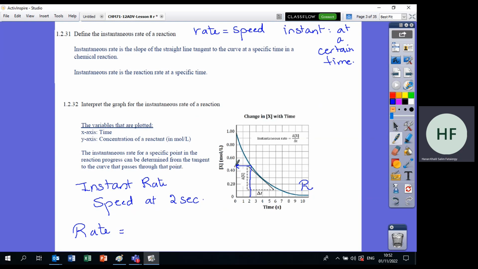So y over x, this is the slope of the line. Y over x is equal to 0.5 over the time, which is 2, which is equal to 0.25.